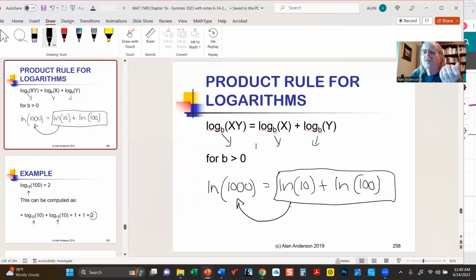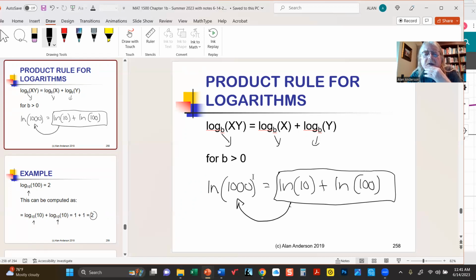By the way, why would that be? If you had base 0, anything raised to a power would just be 0. So instead, we focus our attention on the strictly positive bases. And so in other words, the log of a product equals the sum of the logs.